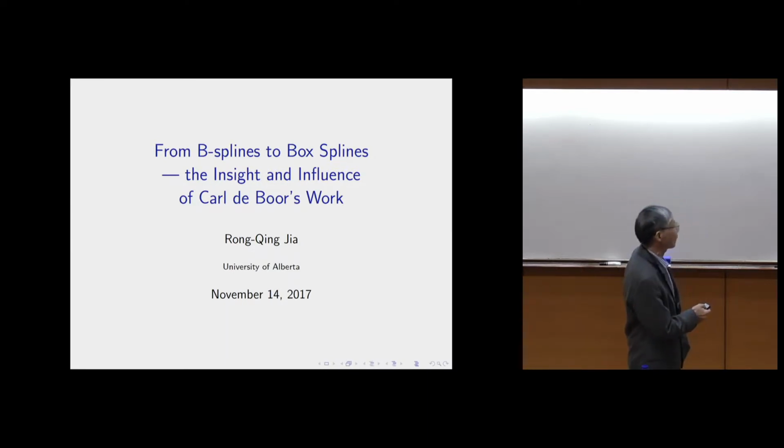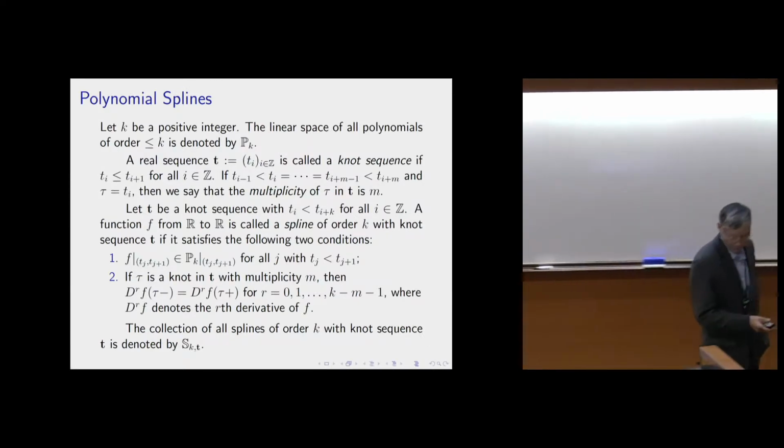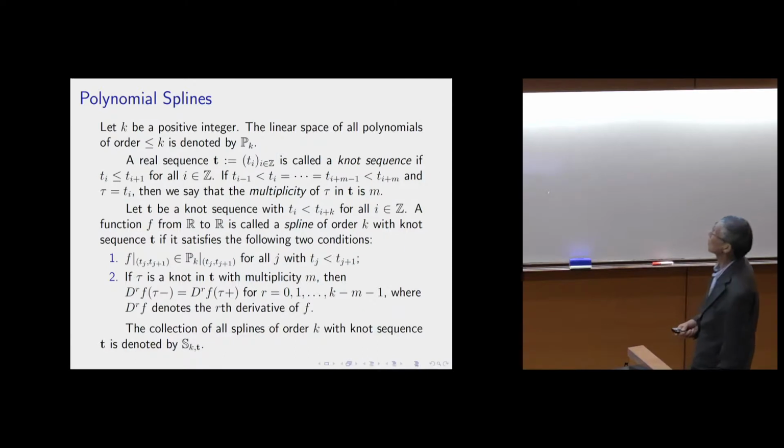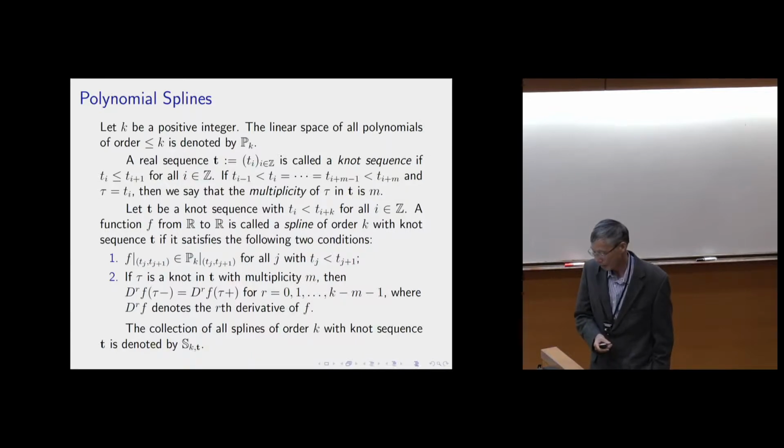So let's start with B-splines, okay? Suppose that is a univariate B-spline. Suppose we have a node sequence.